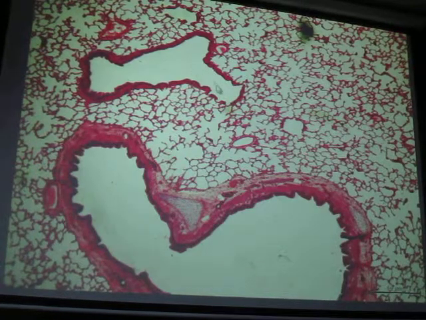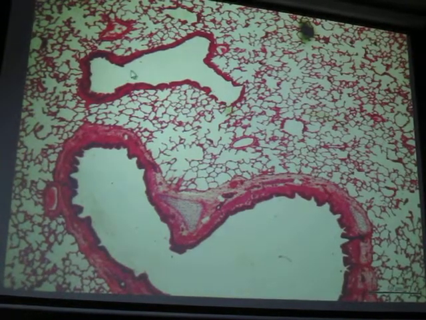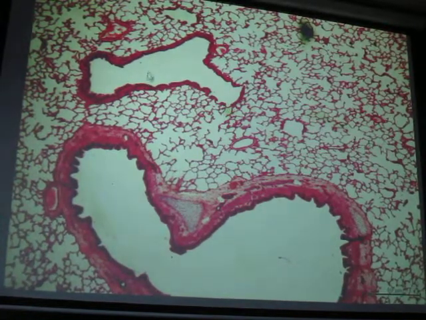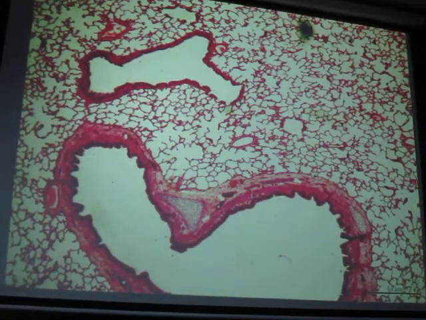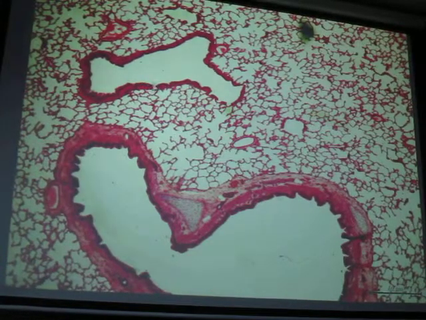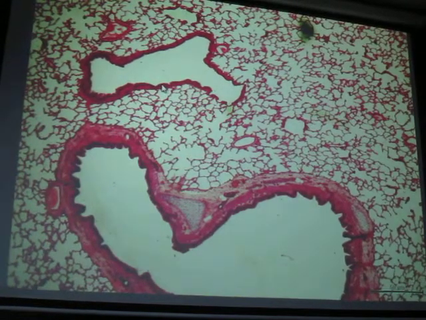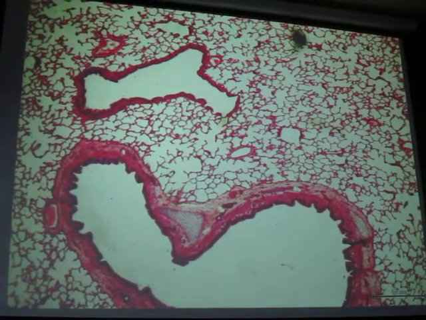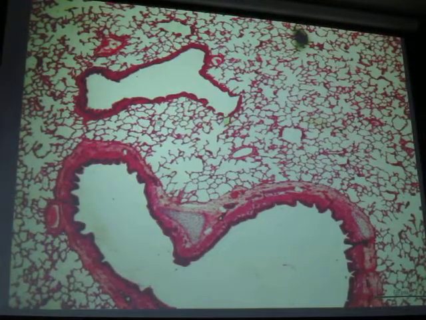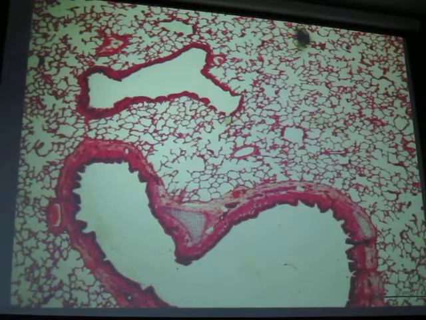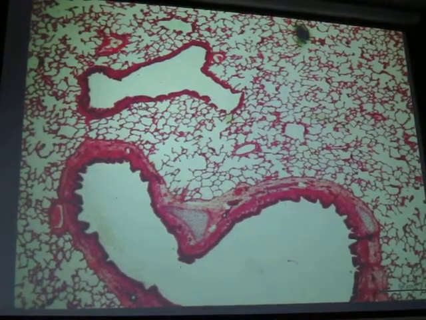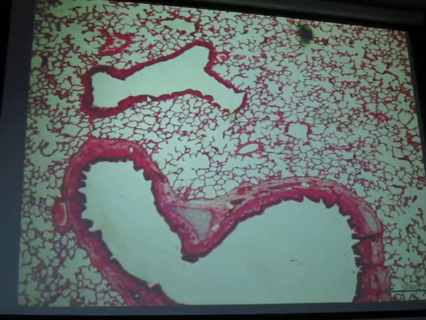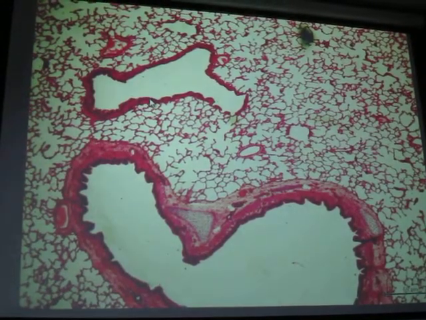Okay, and the respiratory bronchiole is a continuation of the terminal. This is terminal bronchiole. You can say it's the terminal bronchiole when you see the lining on high power is composed of simple ciliated columnar epithelium. Of course, you don't have anymore the glands and the cartilage. And you also do not have goblet cells in the terminal bronchiole.